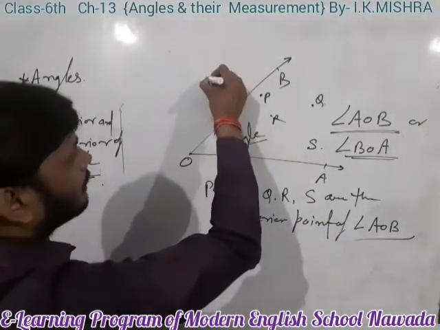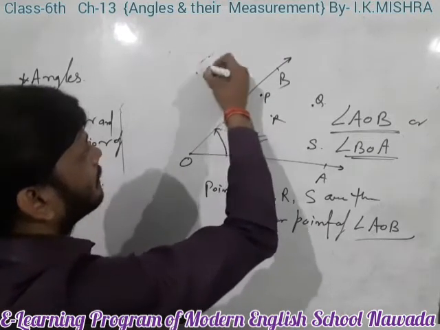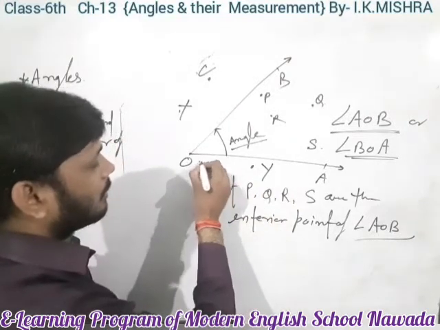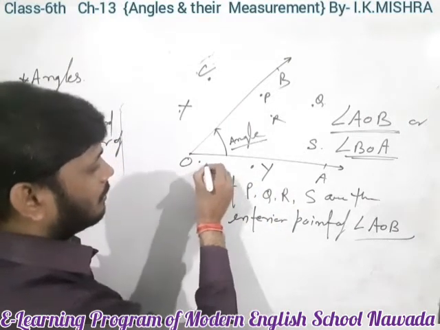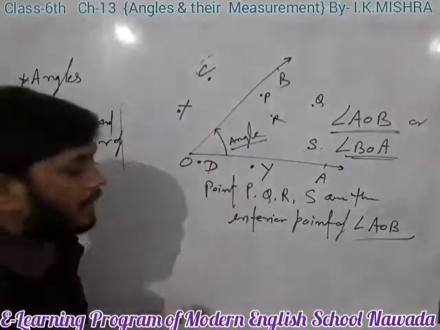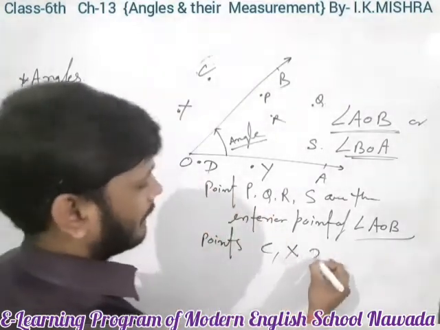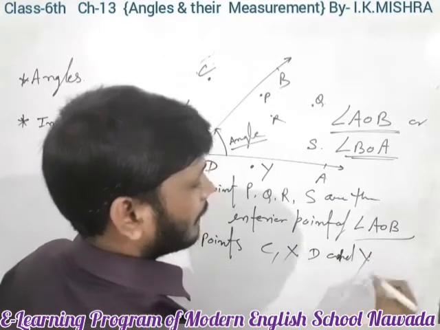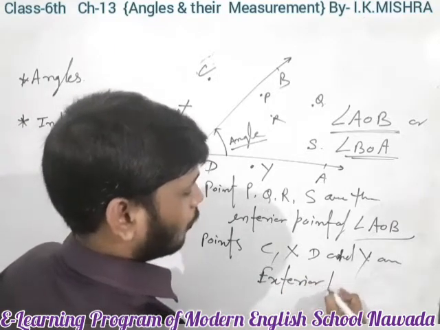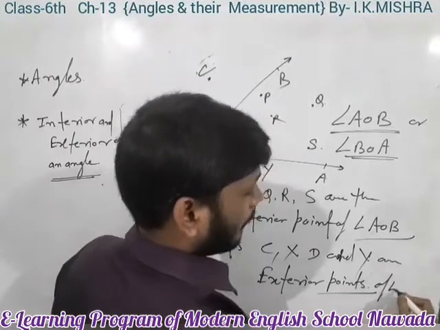But students, here I denote a point C. Here I denote X, here Y, here I denote D. Here 4 points are denoted, 1, 2, 3, 4: points C, X, D and Y are exterior points of angle AOB.